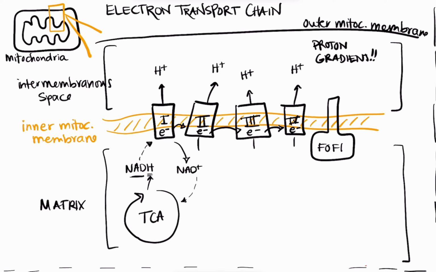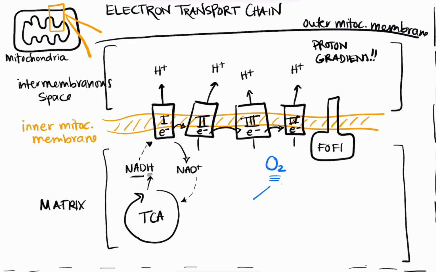So complex 4 is going to need something to accept this electron, which is the role for oxygen. This is the only place in energy metabolism where oxygen is playing a role, and it plays the crucial job of being the final electron acceptor.